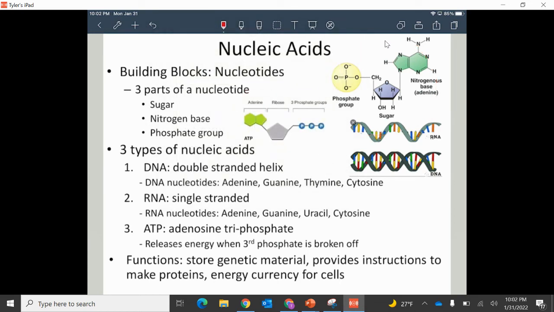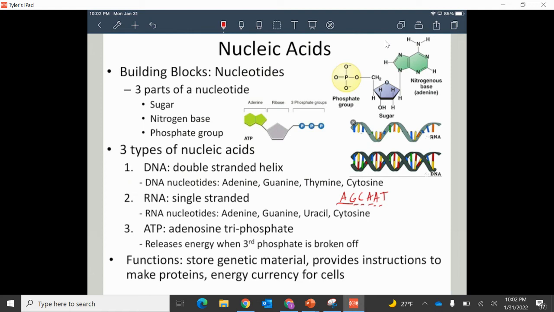You can see those nucleotides there in their structure. It's got that phosphate group, that sugar ring, and then that nitrogen base. And when you see DNA, it's usually as a code, A, G, C, T. Each of those is a nucleotide, okay?